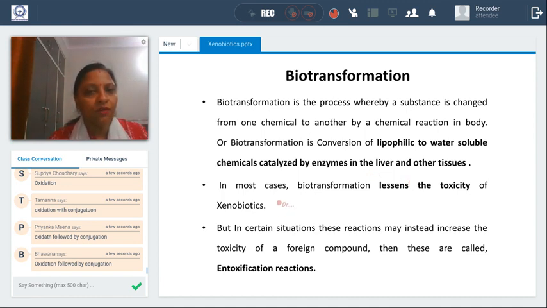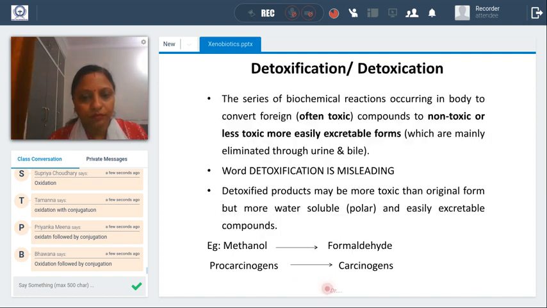Most important purpose of this biotransformation is to lessen the toxicity of xenobiotics. But in certain circumstances, these reactions can still increase the toxicity of a foreign compound. So these are called intoxification reactions, like methanol intoxification. This is the example of methanol.